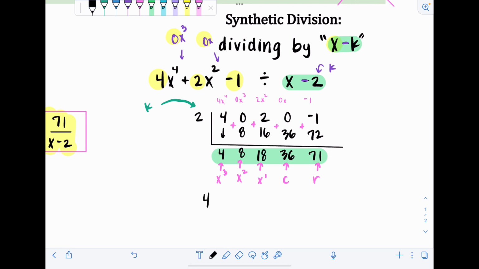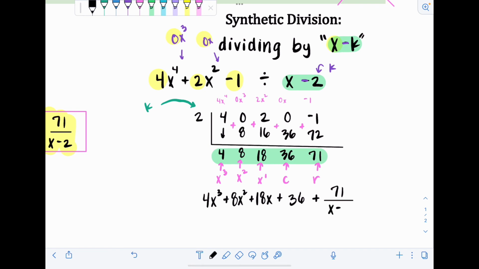So then we write our final answer. It'll be 4x cubed plus 8x squared plus 18x to the first power plus 36. And then for our remainder, it's a positive 71, so we do plus 71, and then it still goes over what we divided by, which was x minus 2.